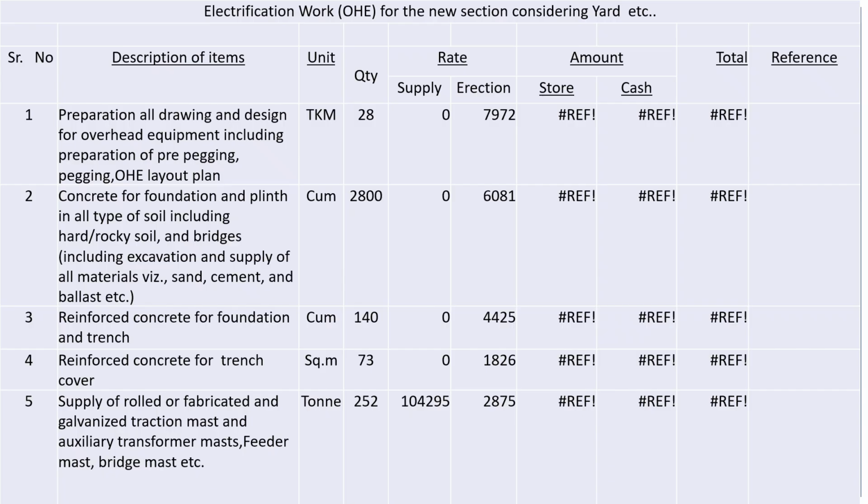Then reference, from where you have taken the rate. Rate mainly is taken from the last accepted rate. That means we are taking 3 LOAs of different times and making the average rate. And if it is not available in the LOA, then we can search the net, and from an authorized company, RDSO approved company, we can put this rate.